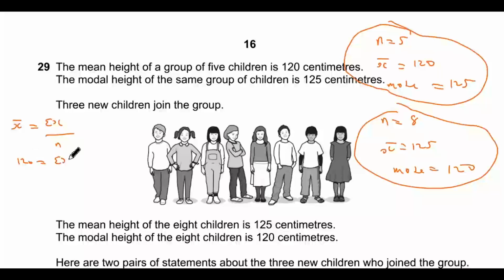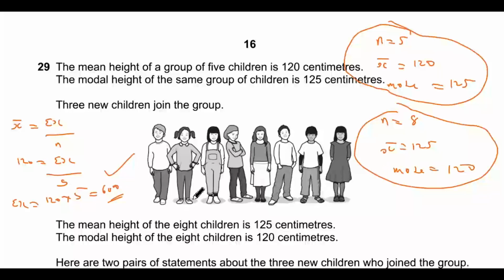So we can get the summation of their heights over 5. If you cross multiply, the total height, summation x, will be equal to 120 times 5. So that will give us the sum of their heights, which is equal to 600.